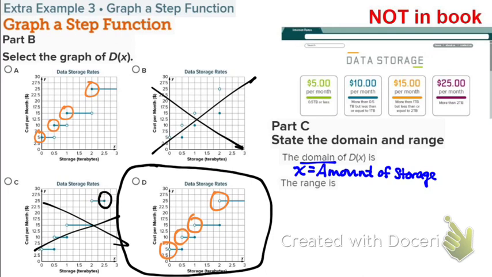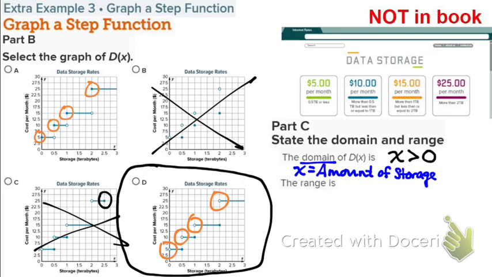Maybe there's somebody that needs like 0.01. So it could get smaller, but it's never going to go smaller than 0, right? They might only need an itty bitty bit of storage, but it's not going to get smaller than 0. So for my domain, I would say my x's all have to be bigger than 0. There is no amount of storage that makes sense that is smaller than 0, but everything bigger than 0 makes sense.